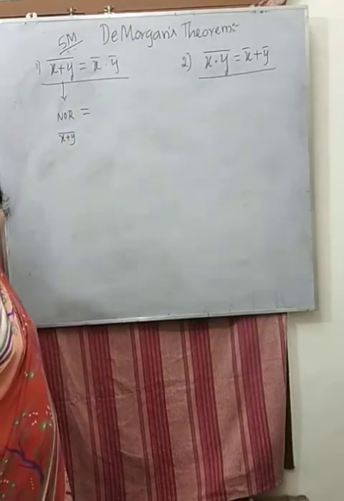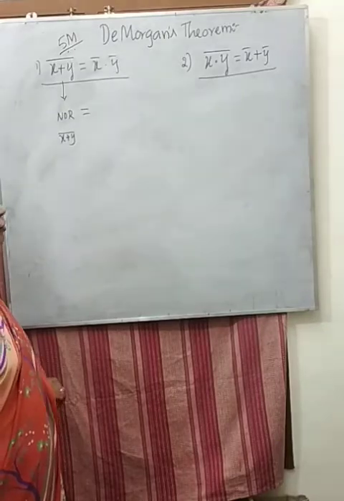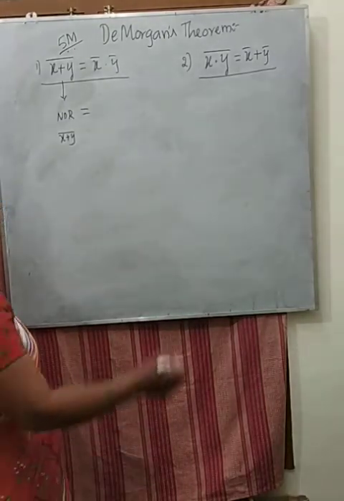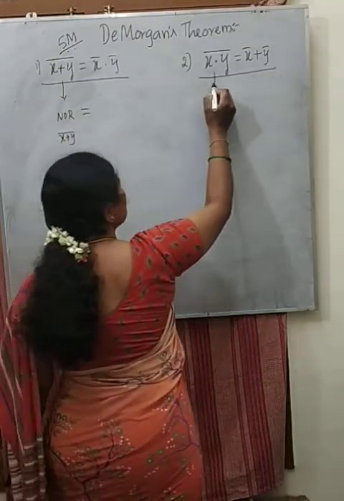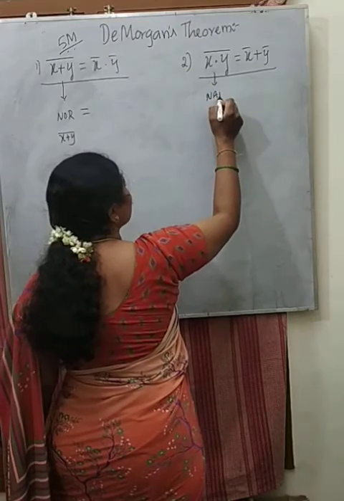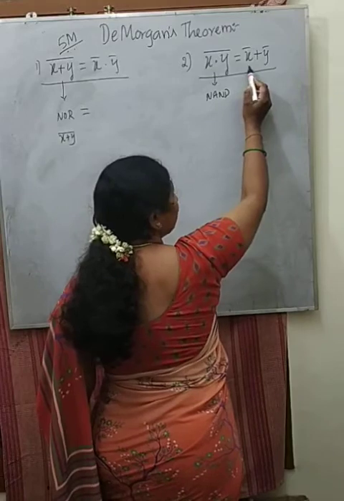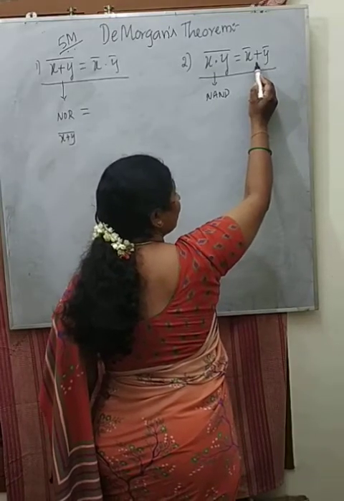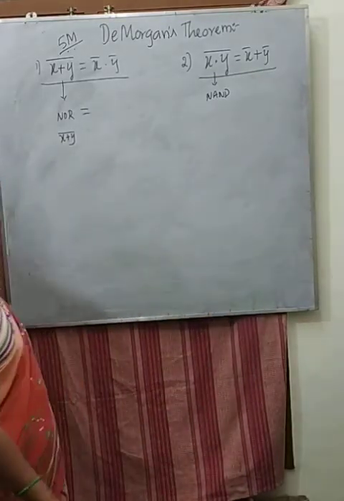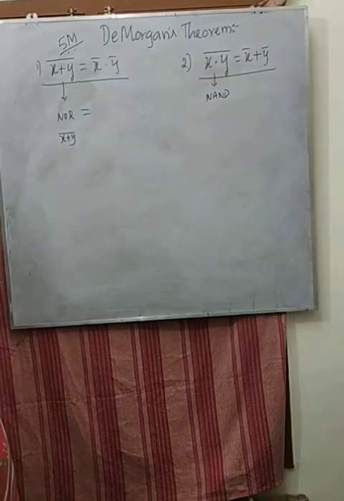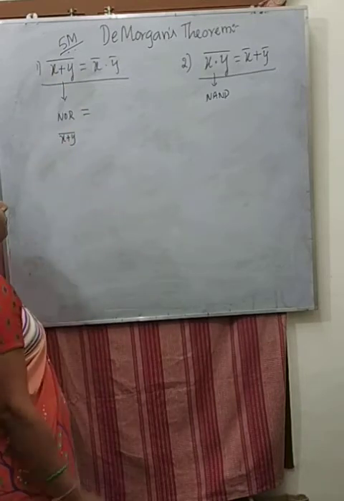Then this is equal to a NAND gate. That NAND gate is equal to the sum of the 2 individual variables' complementation.